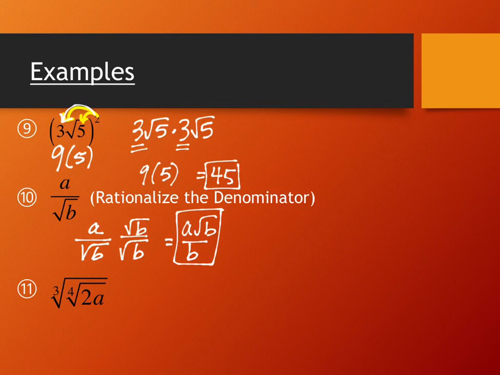Number 11 looks really funny because I've got a radical inside of a radical. But it's actually a lot like what happens when I have an exponent raised to an exponent. What do I do when I have an exponent raised to an exponent? Well, I just multiply the exponents, right? Well, I can actually do the same thing here. I have a radical inside of a radical, and I can just multiply the indices of the radical.